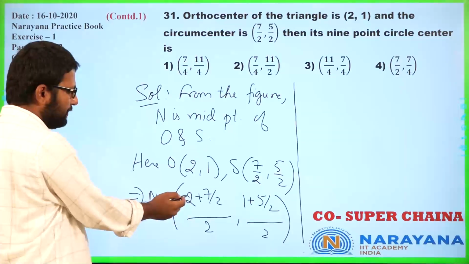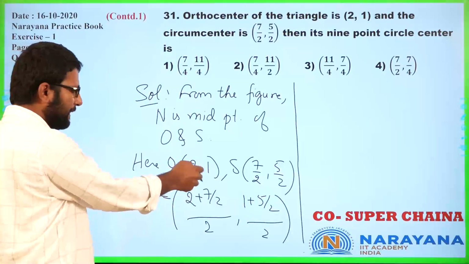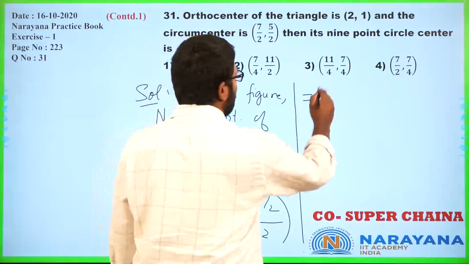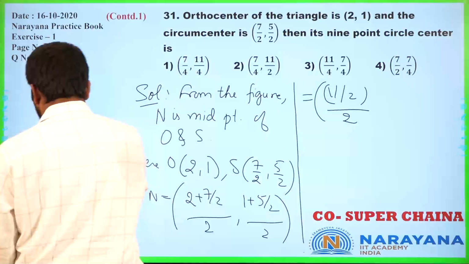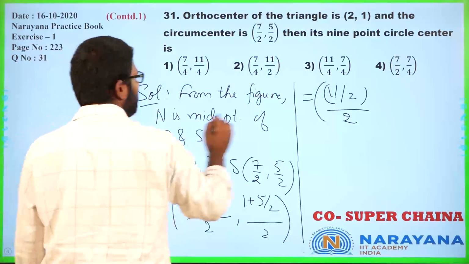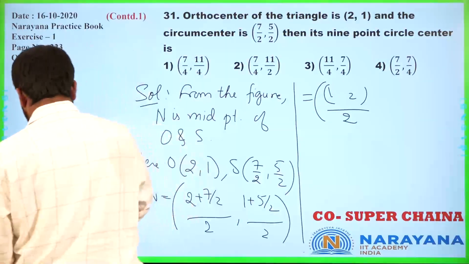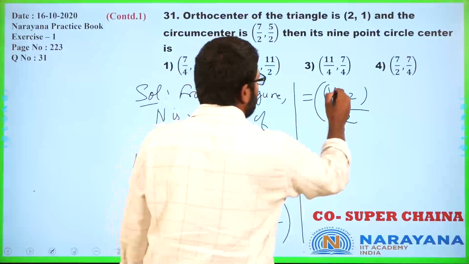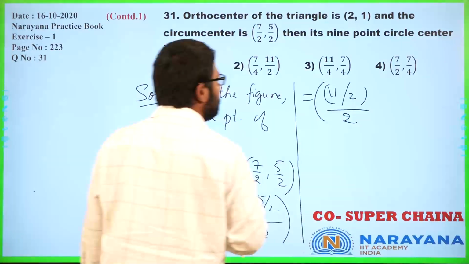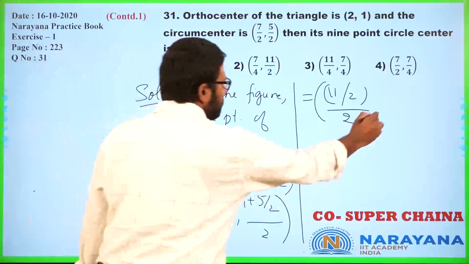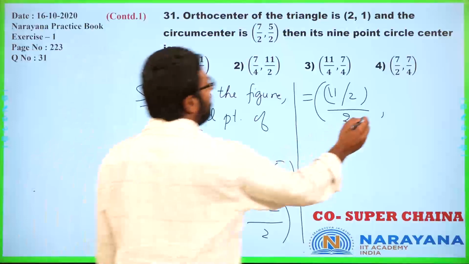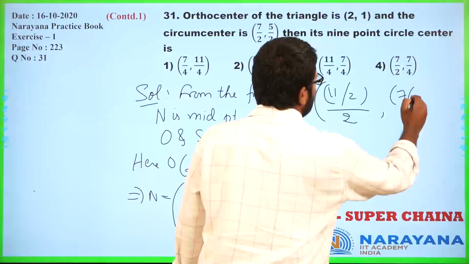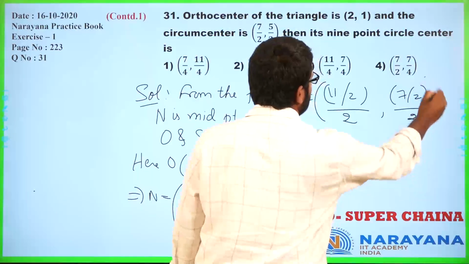So cross multiply this 2, it becomes 4 plus 7, 11 by 2 by 2, so 11/2 upon 2, and cross multiply this 2, 2 plus 5, 7/2 by 2. 7/2 divided by 2, right?